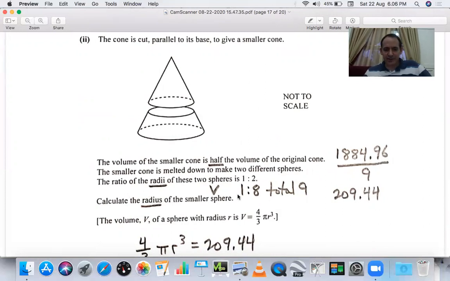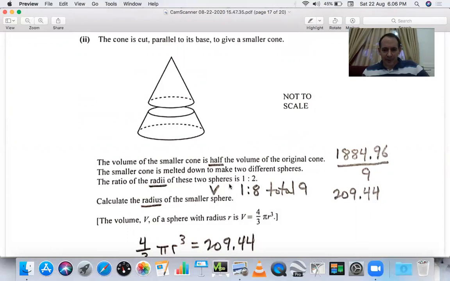These two spheres have a radius ratio of 1 to 2, but we're dealing with volume. So if your linear ratio is 1 to 2, then that means the volume ratio is 1 to 8. Linear to volume is cubic. So you cube the linear ratio. 1 cubed is 1, 2 cubed is 8. So the volume ratio will be 1 to 8, meaning that the total parts are 9.